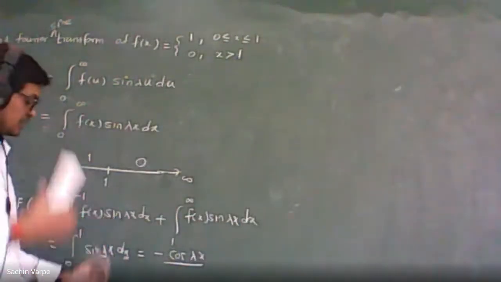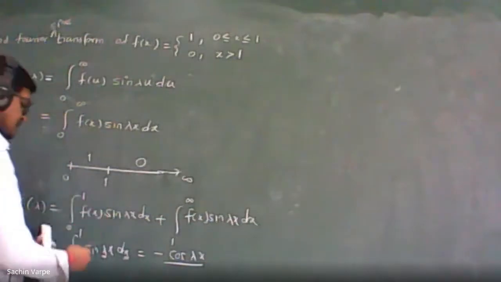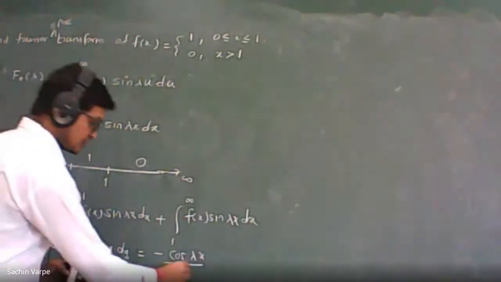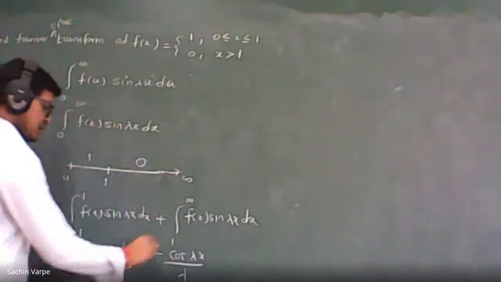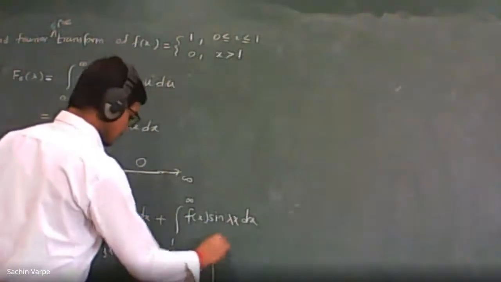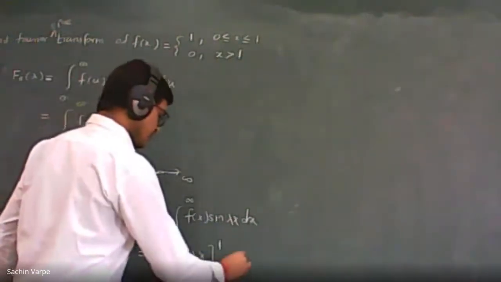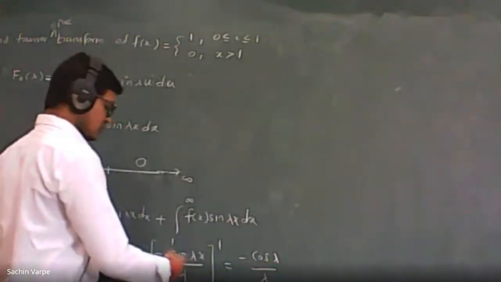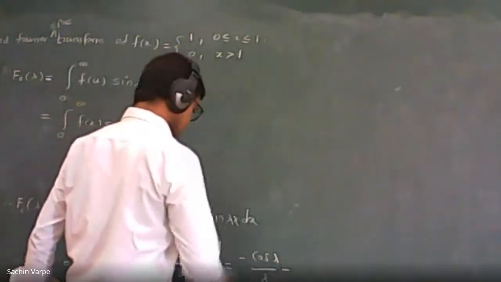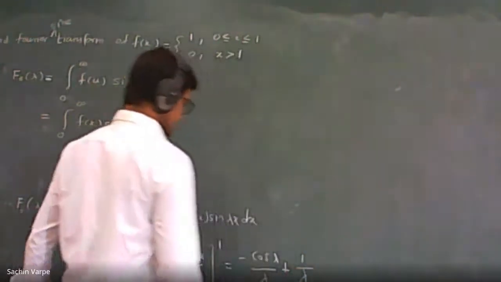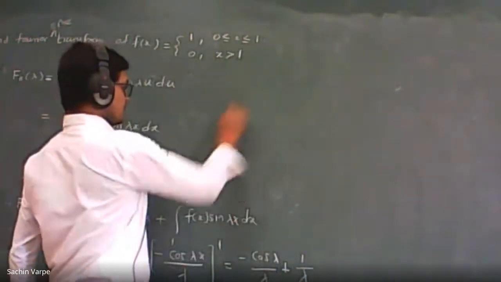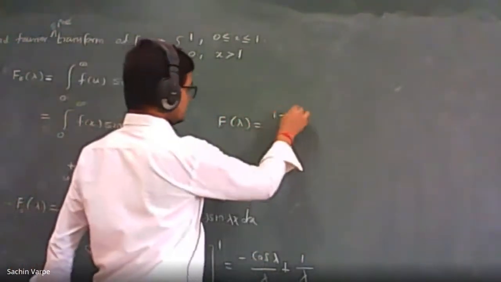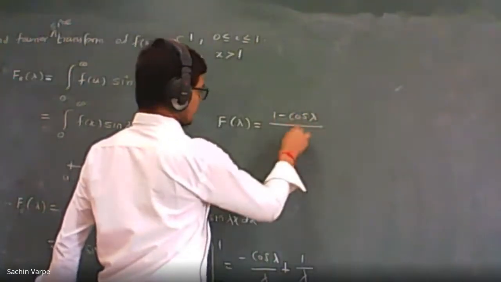Substituting the upper and lower limits: at the upper limit minus cos lambda upon lambda, and at the lower limit cos 0, which is 1, so plus 1 upon lambda. So the required Fourier sine transform is fs of lambda equals 1 minus cos lambda upon lambda.